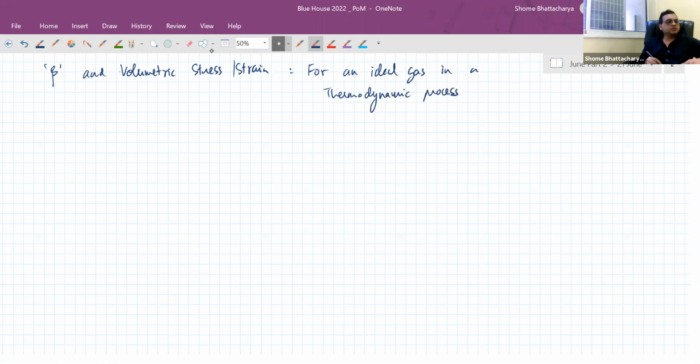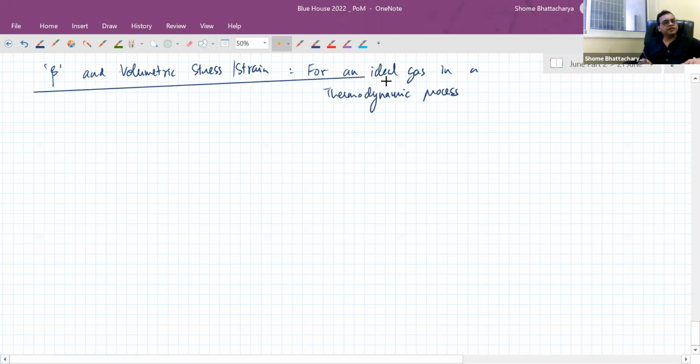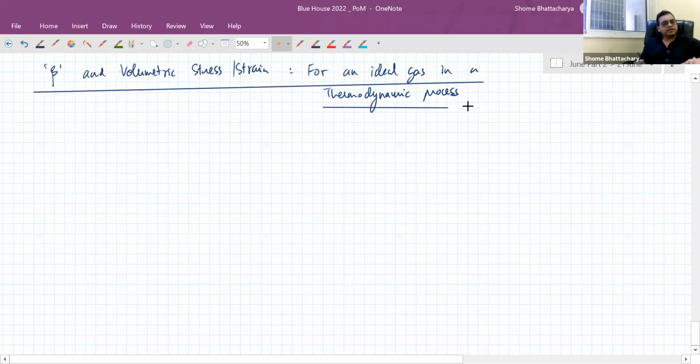Okay. So again, in the thermodynamics chapter also, you would have seen sometimes there's a term like adiabatic Bulk's modulus or isothermal Bulk's modulus of an ideal gas. So let's understand how that works out. So in general, we have seen that Bulk's modulus is defined as the volume stress to volume strain ratio.